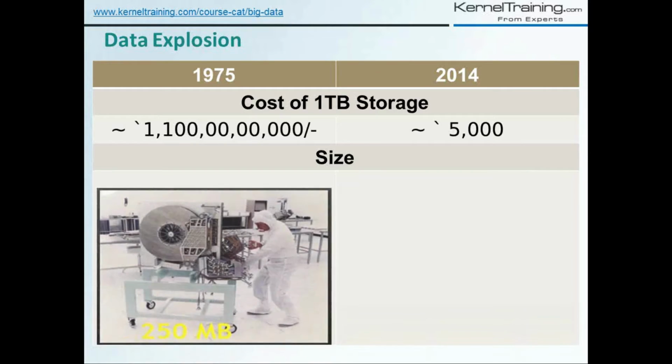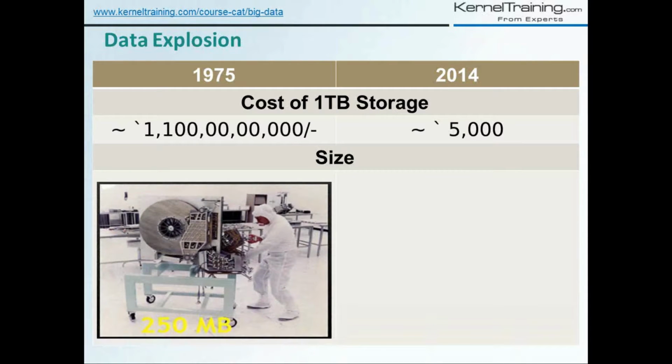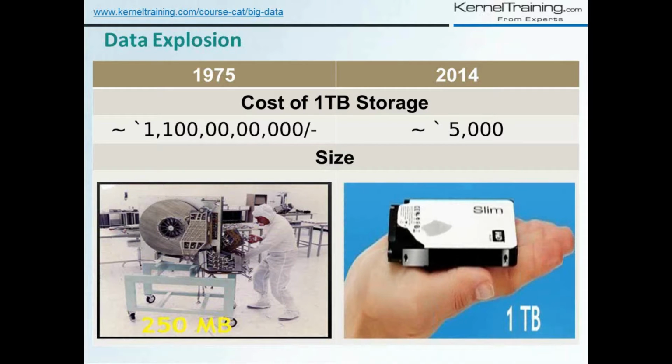If you see, this is the 250 MB data storage at that time, and this is 1 TB data storage. If you just observe, 250 MB into 40 becomes 1 terabyte.